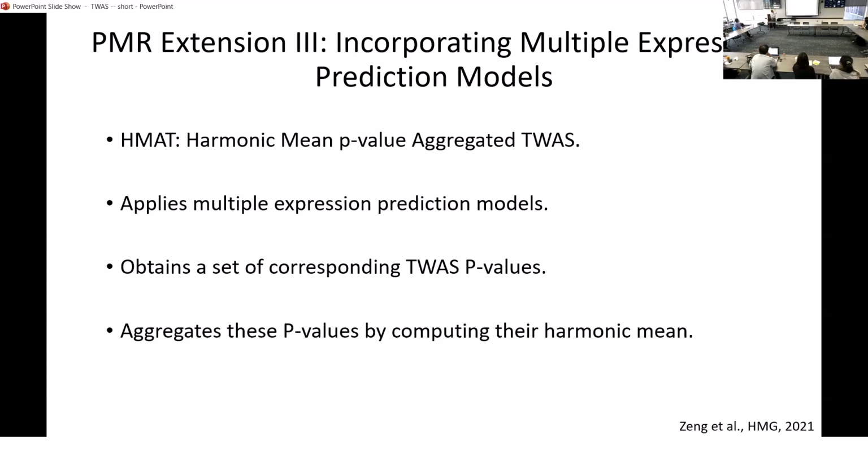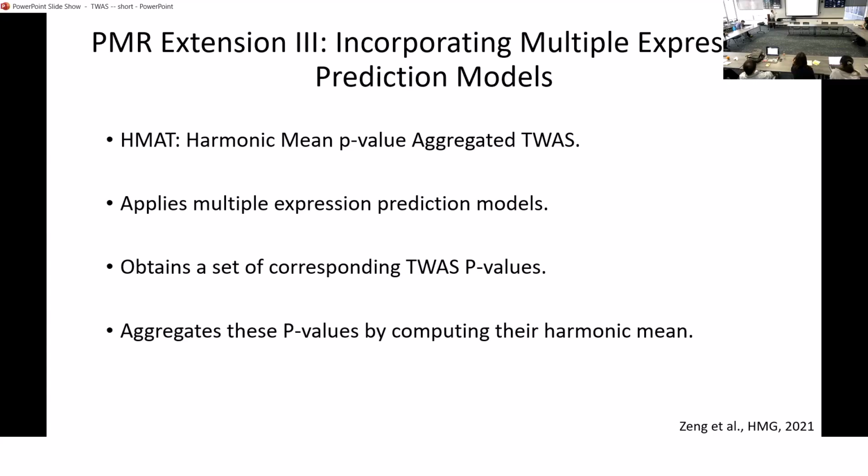Specifically, what we propose here is the method called HMAT, which corresponds to a harmonic mean p-value aggregate TWAS. For each gene, you apply multiple gene expression prediction models, and for each model you get a p-value. So if you apply k different gene expression prediction models, you get k different p-values for this particular gene.